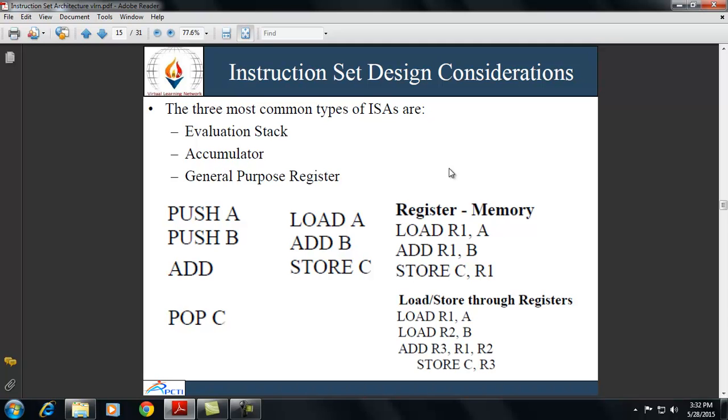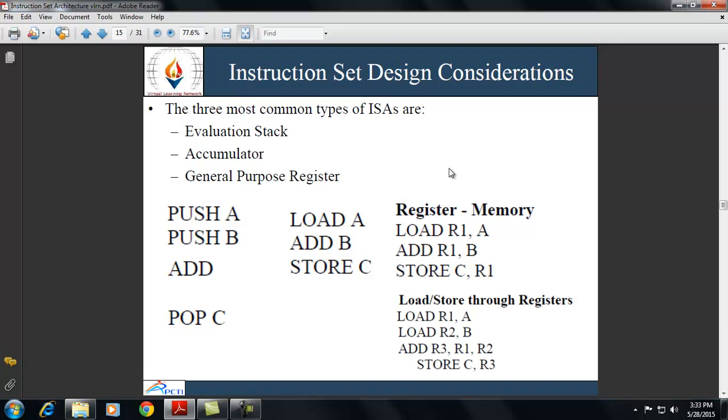Now, in general, the instruction set architecture, that is ISA, of a processor can be differentiated using 5 categories, that is operand storage in the CPU, that is where the operands are kept other than the memory, number of explicitly named operands, operand locations, operations that can be provided, and type and size of operands.